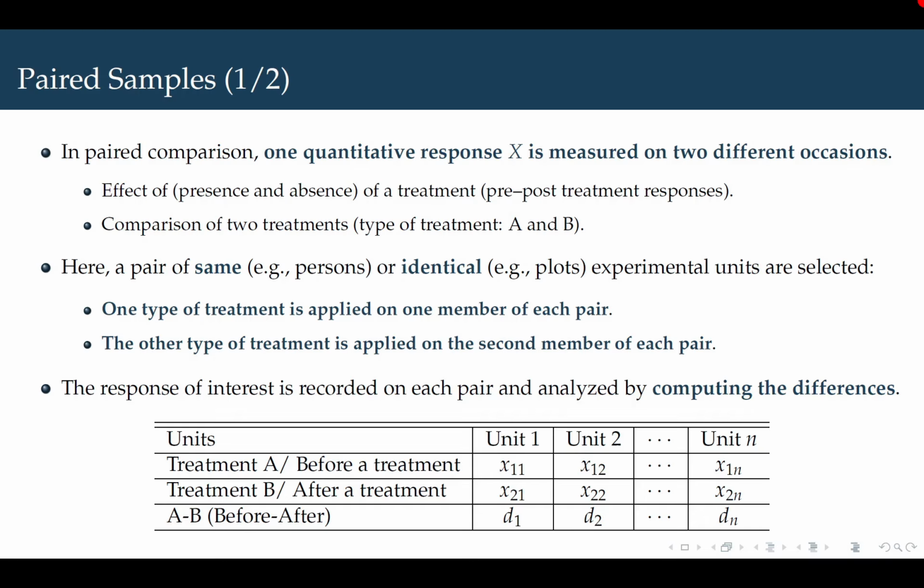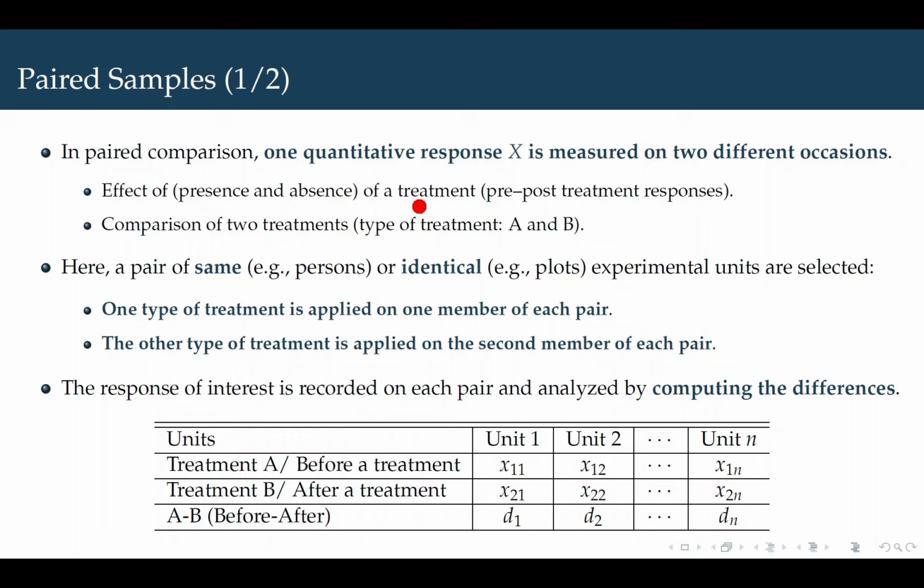In a paired sample case, we may be interested in a single quantitative variable of interest, which is measured on two different occasions. So paired sample is particularly applicable for determining the effect of a particular treatment.